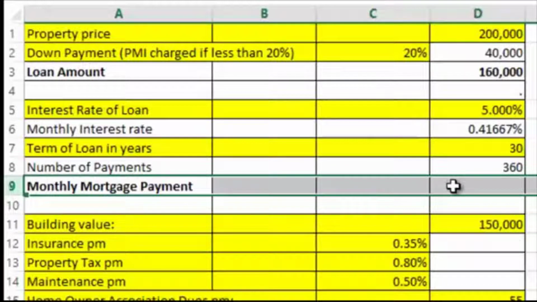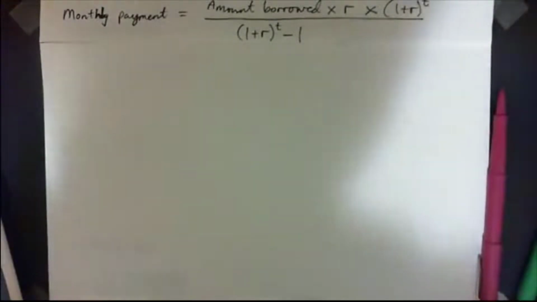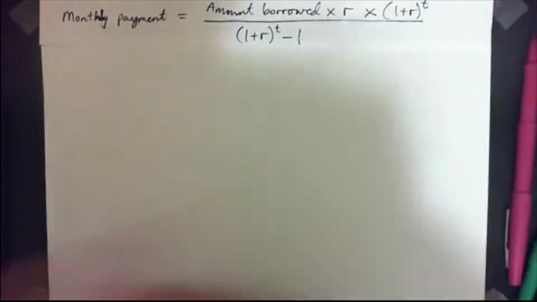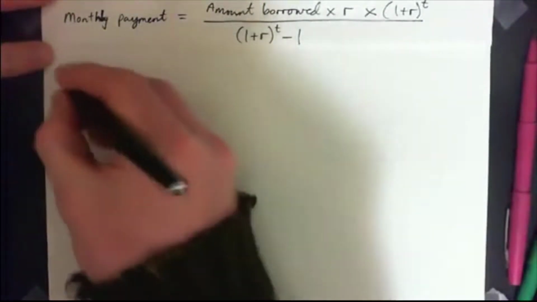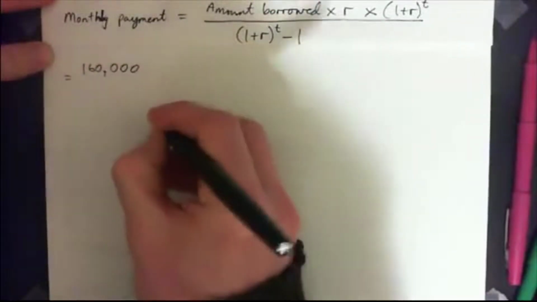We'll go to paper for that, and from our spreadsheet we can see the numbers we need. To calculate the monthly payment, we'll need this formula, which is monthly payment equals amount borrowed times that. You're familiar with that formula. The amount borrowed is 160,000, so we put that up here.